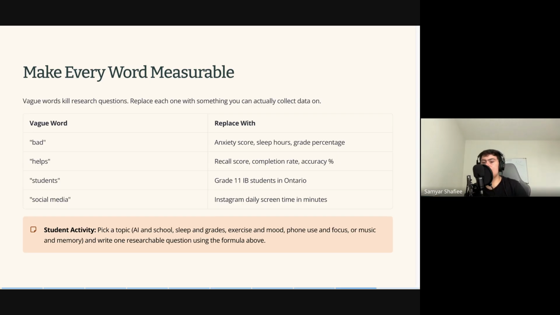For students, grade 11 IB students in Ontario, or grade 12 students in Miami, Florida. You can go as narrow as you can, but at the high school level, you don't want to go so narrow that you're not even able to do research. For social media, Instagram, use screen time in minutes. So narrow it down as much as possible.